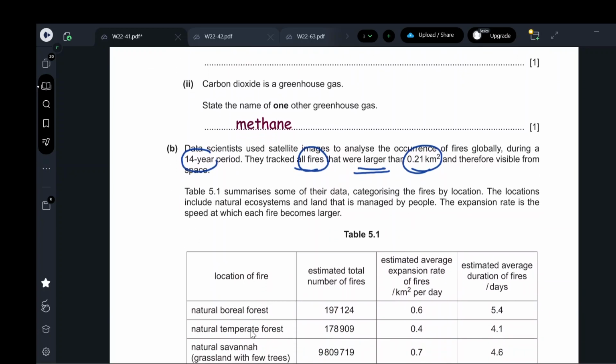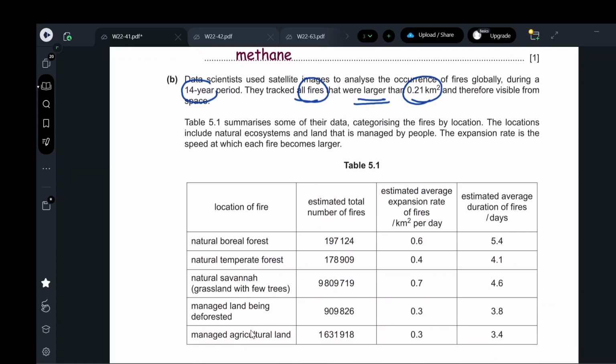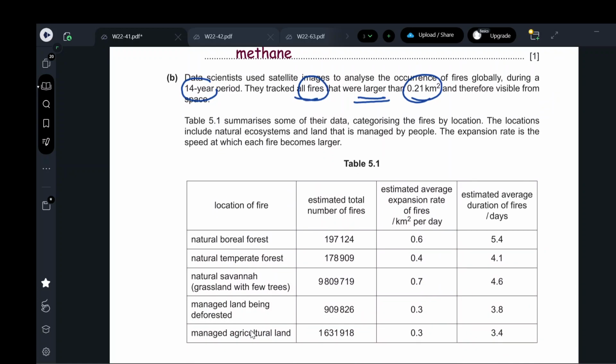The table summarizes the data, categorizing the fires by location. The locations include natural ecosystems and land that is managed by people. These are the natural ecosystems and these are the lands managed by people. Agriculture land, meaning land we planted.